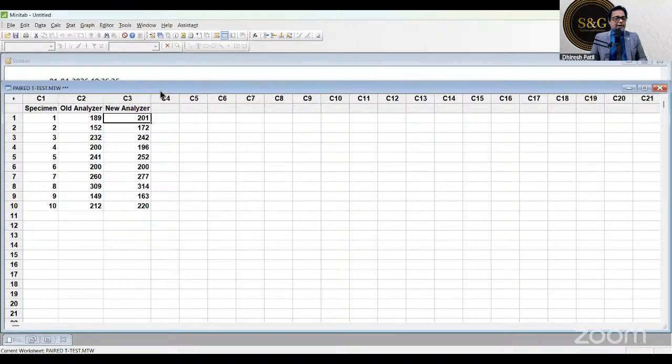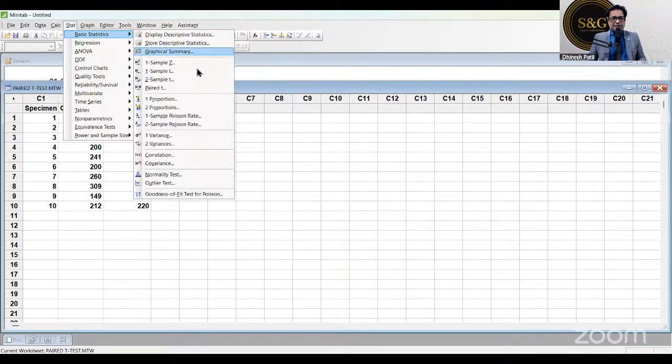Another one is, let's say, Indian cricketer Yashasvi Jaiswal. How Yashasvi Jaiswal is performing under the captaincy of Rohit Sharma and under the captaincy of Virat Kohli. That is called paired t-test. Are you understanding this? Just give me yes in the chat box. Have you understood where it is used?